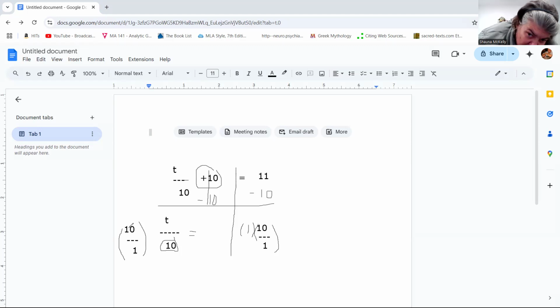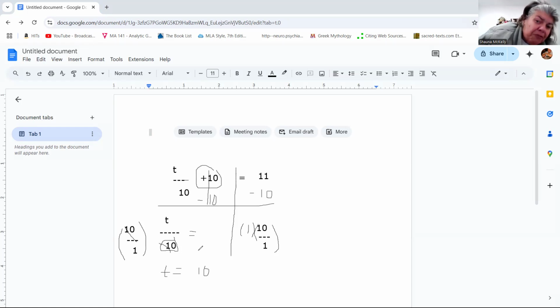You can say that this 10 cross cancels with this 10, and I get t over 1, which is just t, right? There's my t. And here I get t is equal to 1 times 10, which is 10. So my answer is 10.